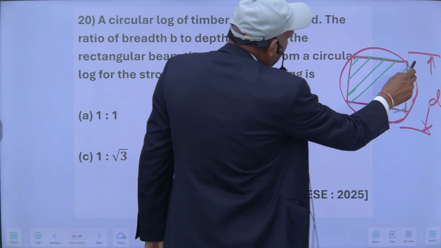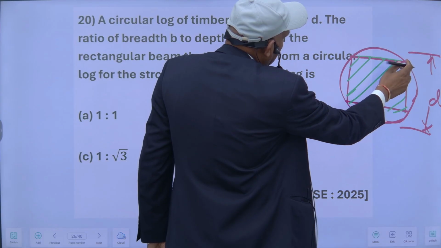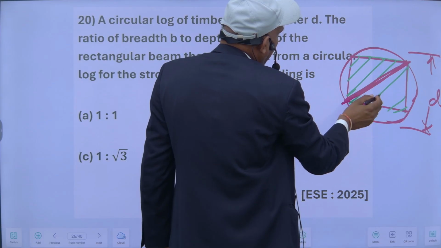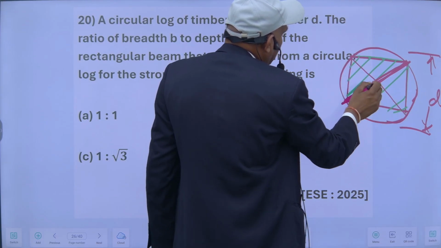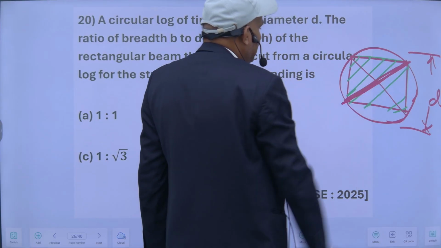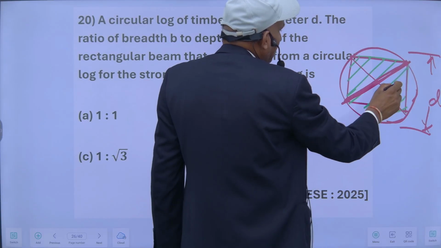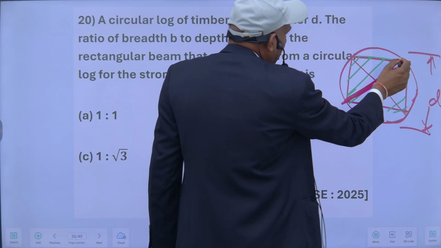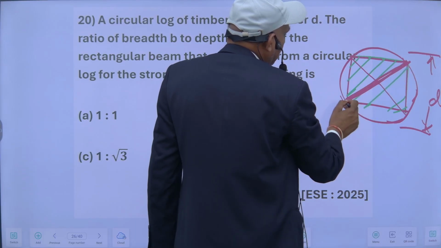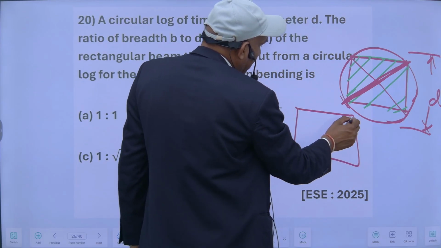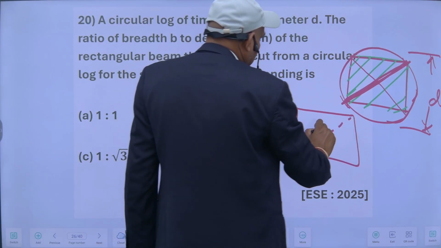If this is d, then this is also equal to d. The center portion of this rectangular will also pass through the center of the circle. So this is dia of the circular log. So if this is d, this is also equal to d.